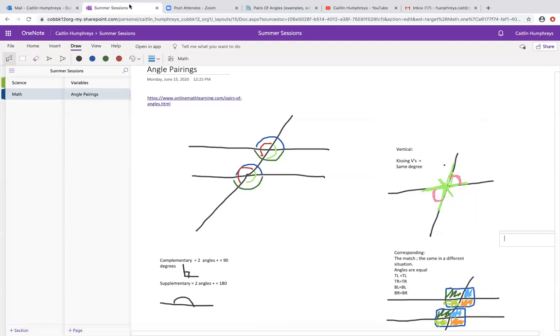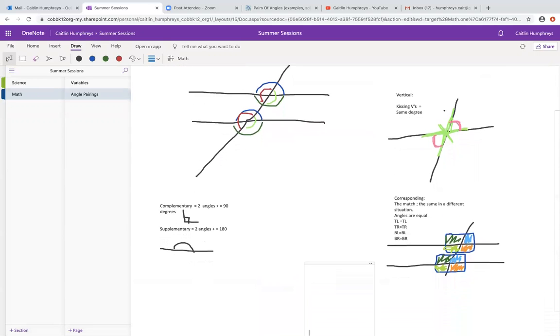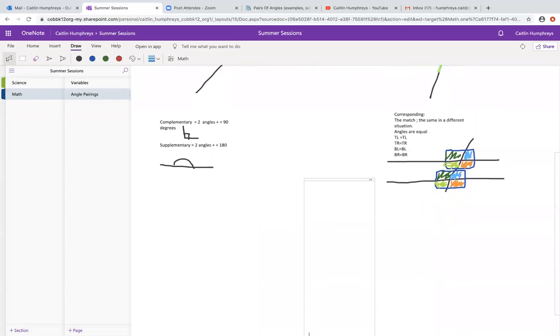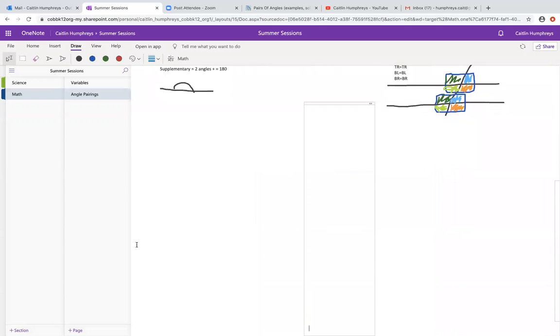Okay, so let's build our house. Thank you for your patience. All right, let's see if we can go down here. All right, so we have vertical and corresponding. Now, let me get this whole thing so I can draw here. All right, we're gonna do a big one. We're gonna build a house.